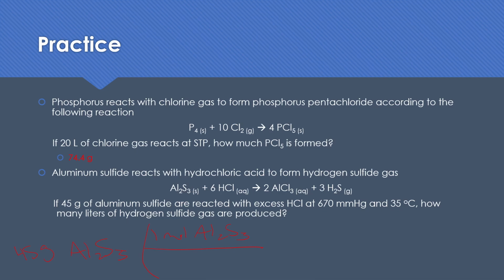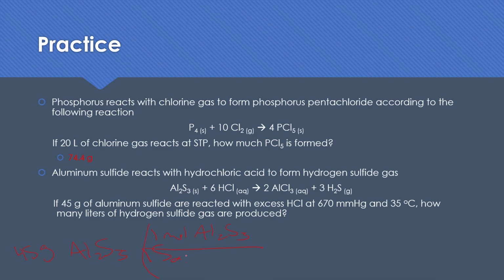No, it's not. Aluminum is not 23. You know, sometimes it's okay to check the periodic table. Sorry, aluminum is 27. So it's 27 times 2 plus 32.1 times 3, 150.3. Wouldn't have made a huge difference, but you do want to be as accurate as possible.